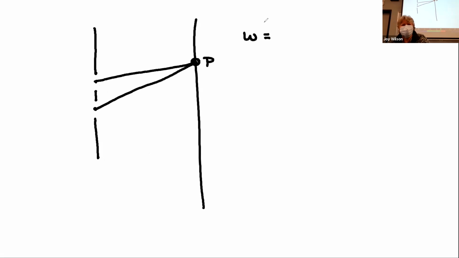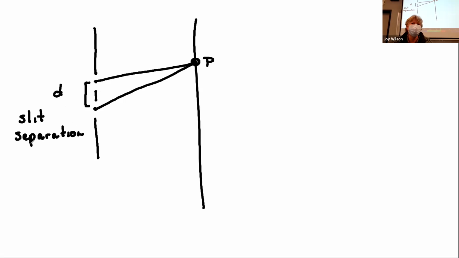Same exact thing. We don't have to trick it into being 2 slits now. We just have to treat it like 1. So our slit widths are actually going to be D. We're going to use the letter D for slit separation now. So instead of treating it as half widths, we're going to treat it as slit separation.